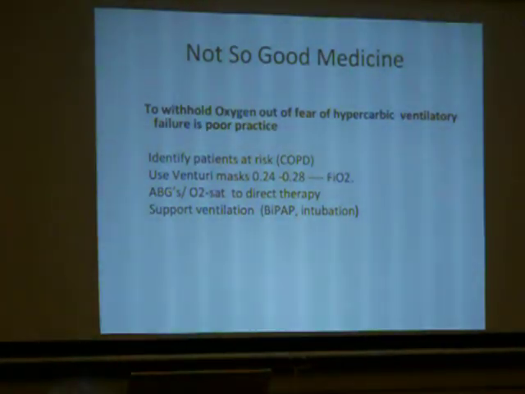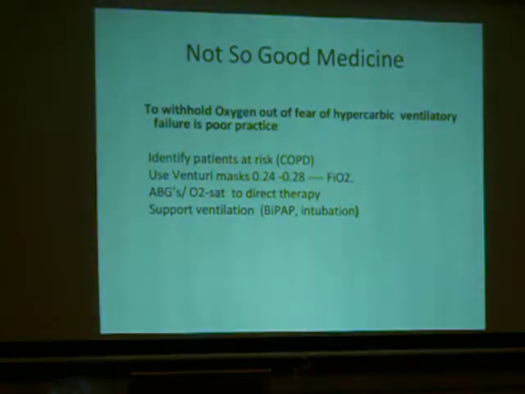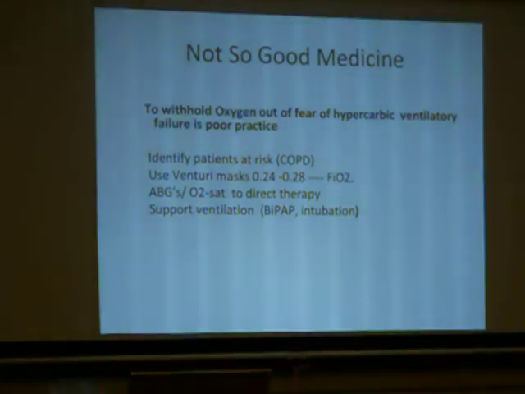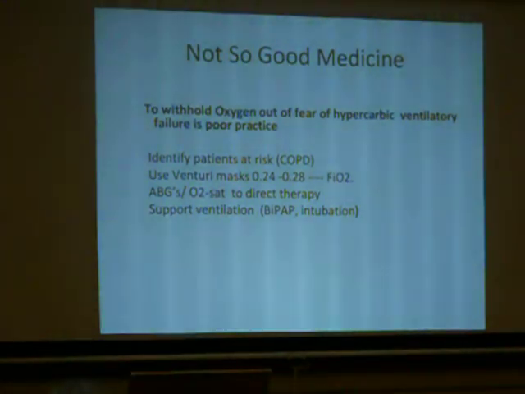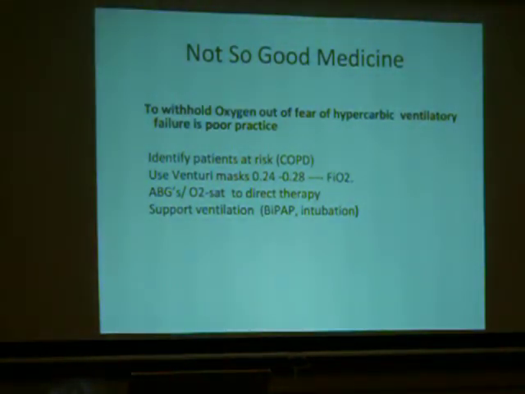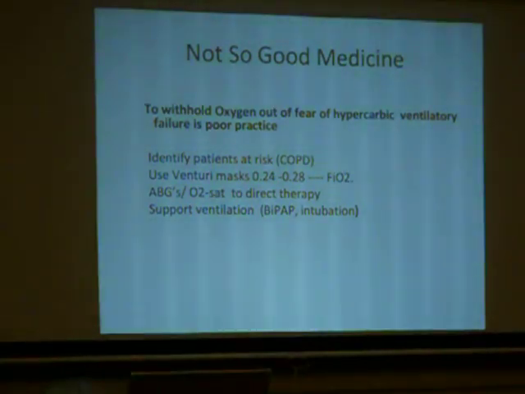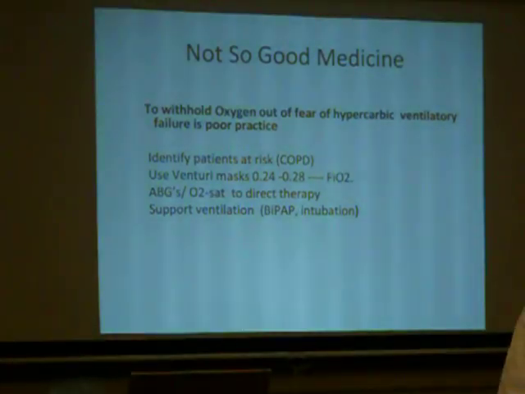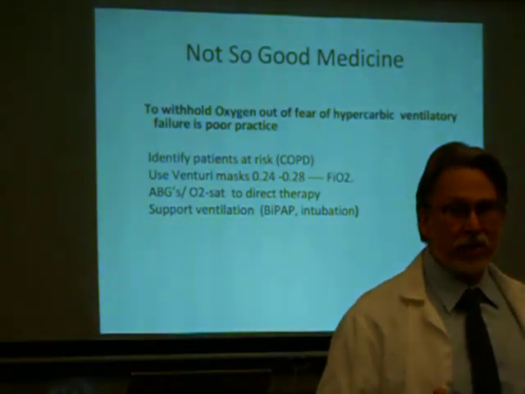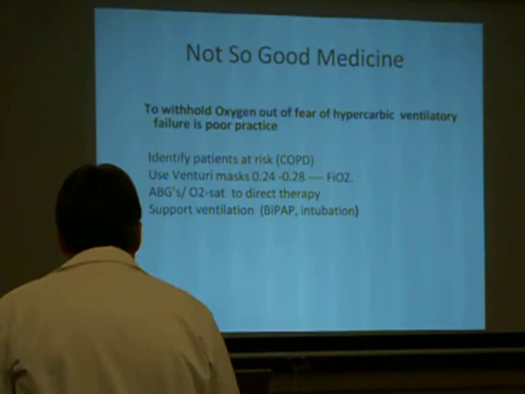Since 1980, it has been shown that oxygen is the one treatment for COPD that really has a pronounced effect on livelihood, mortality, morbidity, the whole 9 yards. It's very important. These people benefit greatly from oxygen if they need it.